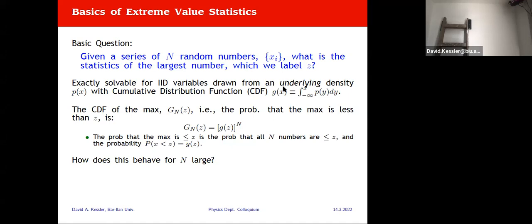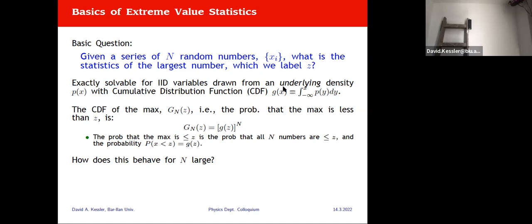The numbers are drawn from some underlying distribution P. The critical tool is the cumulative distribution function, which is the integral of P from -infinity to x. It's the probability that the number is less than x, so it goes between 0 and 1.